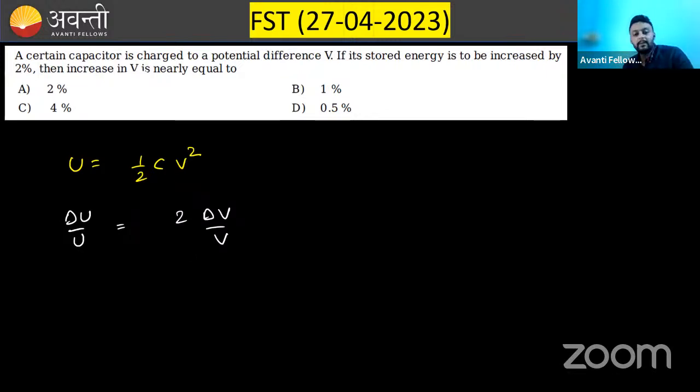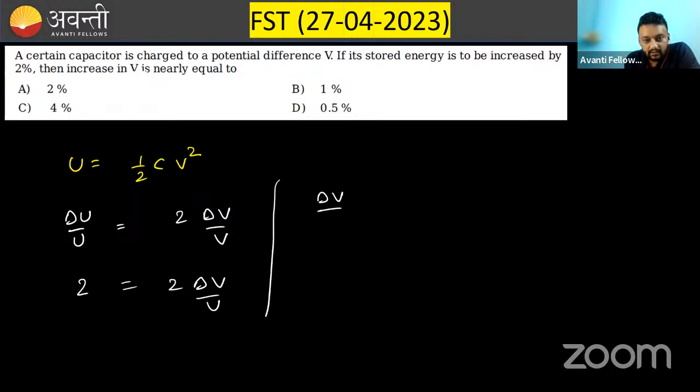So delta V by V should be, now this delta U by U is 2%, is equal to 2 into delta V by V. So the change in potential should be 1%. Nothing else. Which is option number B again.